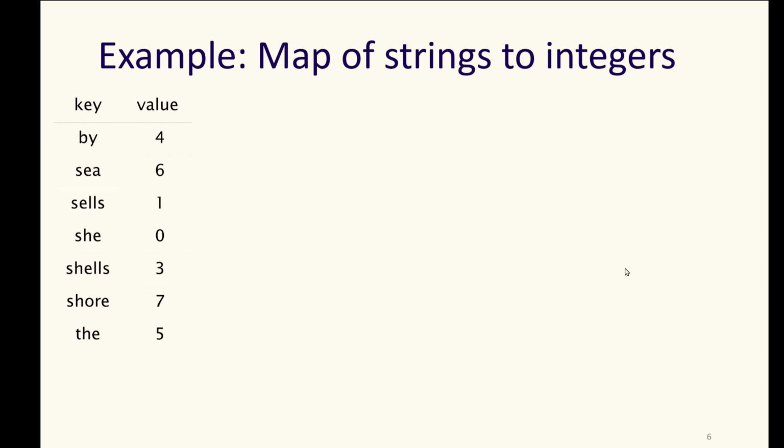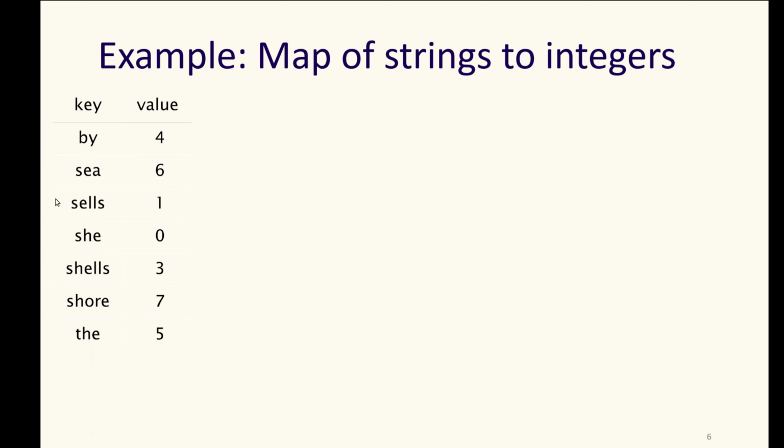So let's look at a real example here, using the rhyme, "She sells seashells by the seashore." We've got some values to associate with those, which should be the sequence of the last time that word appears in our rhyme.